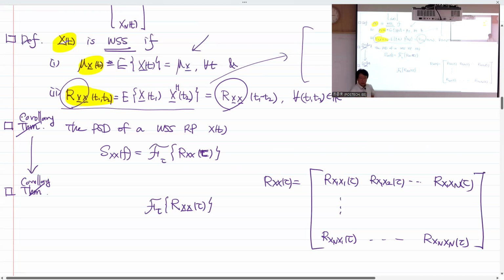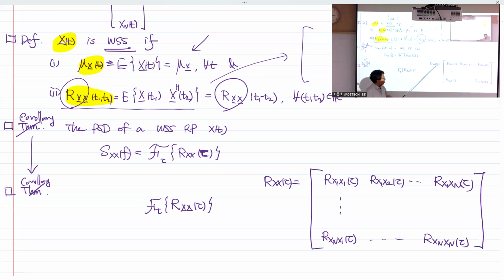Everybody with me? This is the autocorrelation matrix of a wide-sense stationary random vector, right? The ij-th entry is the correlation between the i-th random process and the j-th random process, right? That's why you have the n1 entry, this one, and the 1n entry, that one.